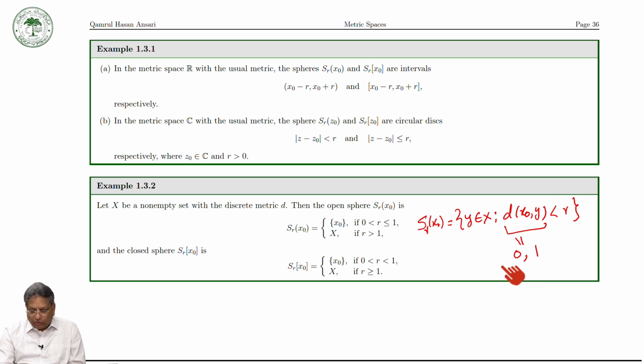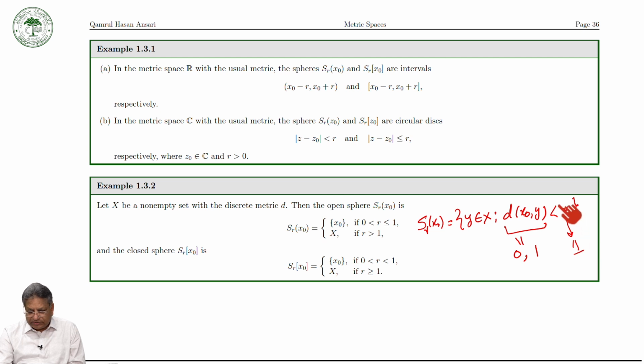If x0 and y are different, then it is equal to 1. So 1 cannot be strictly less than 1.